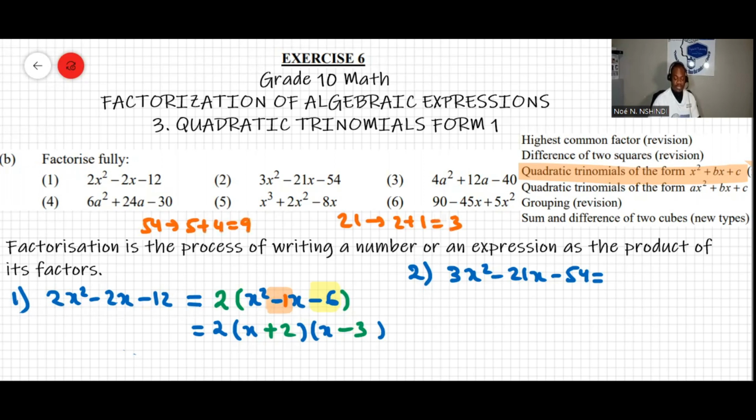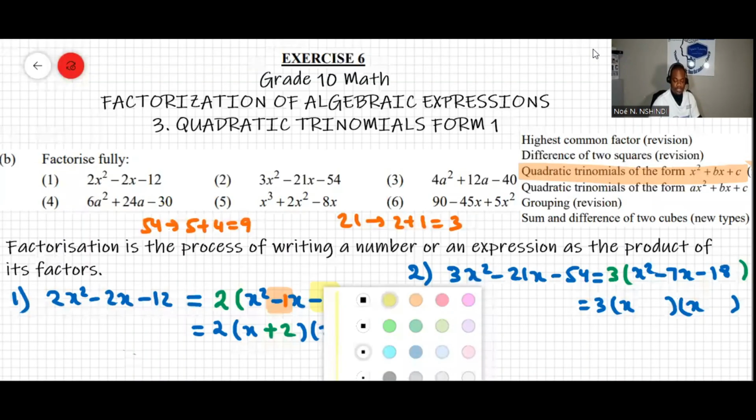This is applicable only for multiples of 3. So in this case, I can take 3 as a common factor, and within the brackets, it will be x squared minus 7x minus 18, because 54 divided by 3 is equal to 18. Now we take x in each bracket and consider the last term, which is -18.